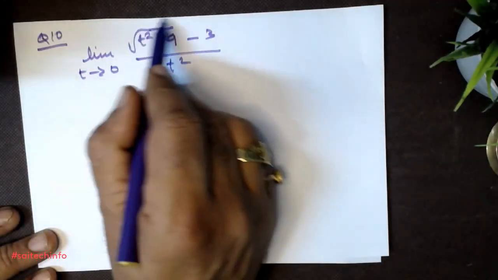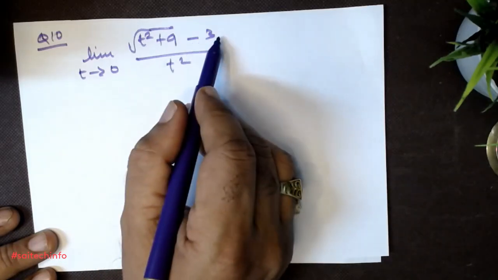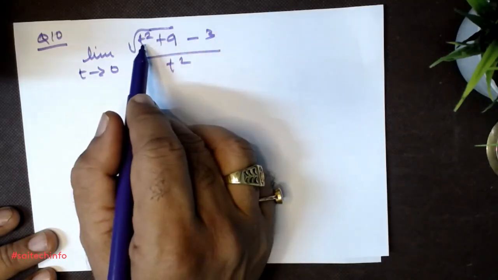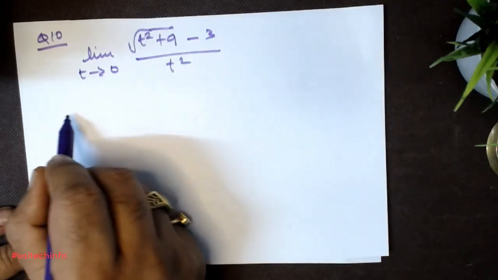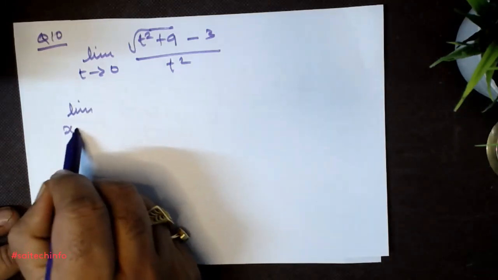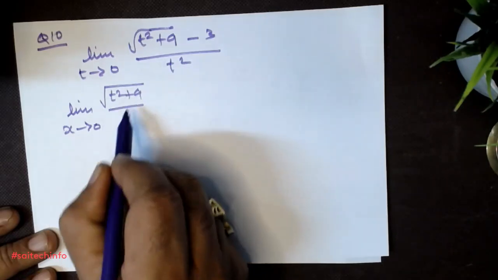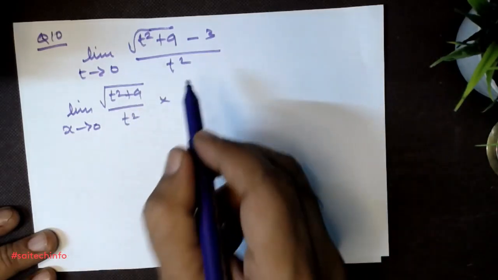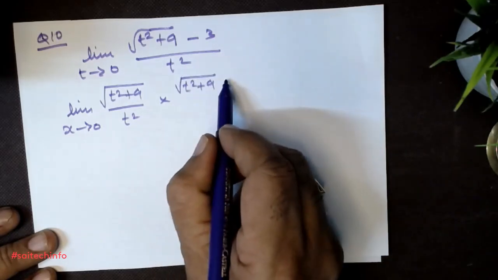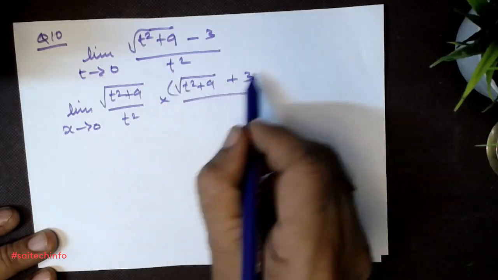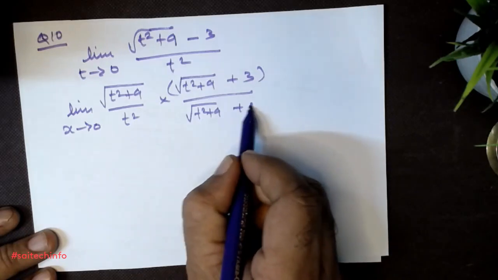So here this part is root of t squared plus 9, and here minus 3. So what is the conjugate pair? Root of t squared plus 9 plus 3. Let us multiply. So limit t approaches 0, root of t squared plus 9 minus 3 divided by t squared, multiplied by root of t squared plus 9 plus 3 divided by root of t squared plus 9 plus 3.